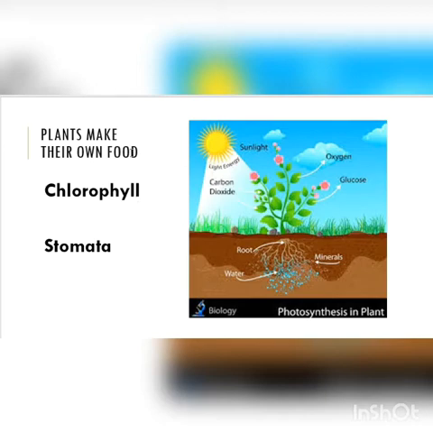How can they make their own food? Because they have chlorophyll. Chlorophyll is the green pigment. Through this pigment, plants can make their own food. In this picture, you can see that the plants have roots, leaves, and flowers.